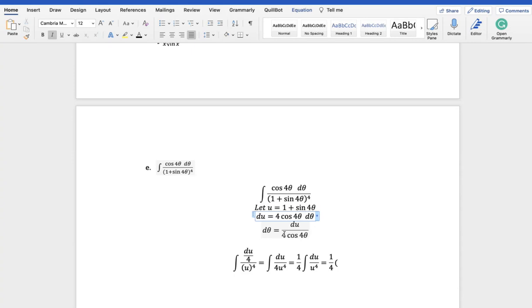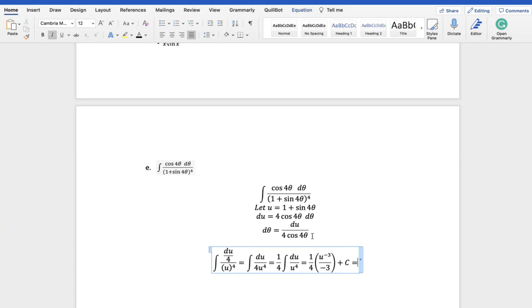So any other questions? If there are no questions, tell me what this integral is equal to. E to the -3 divided by -3 plus c. Don't forget the constant of integration.